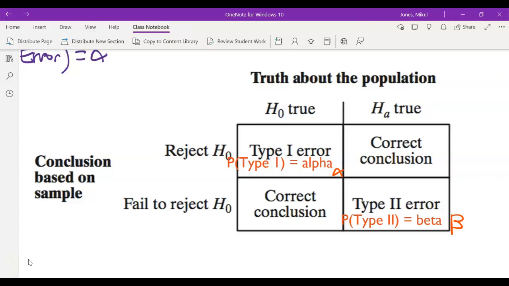So alpha and beta are sort of competing values. As one goes up, the other goes down. And so deciding what alpha level to choose really should depend on which one is more severe, type 1 or type 2.